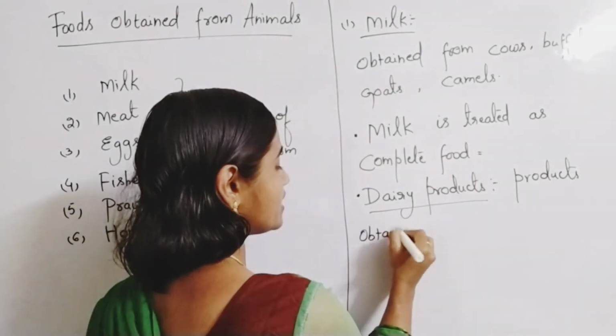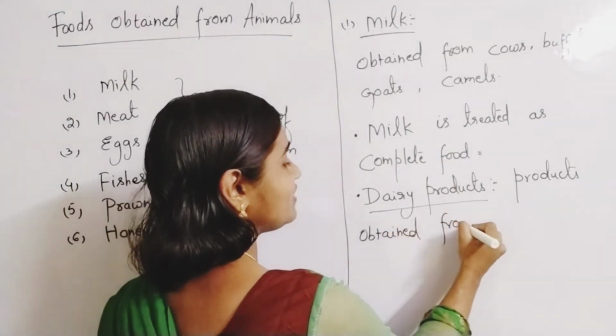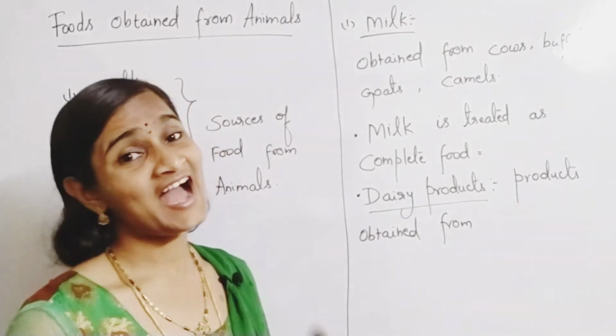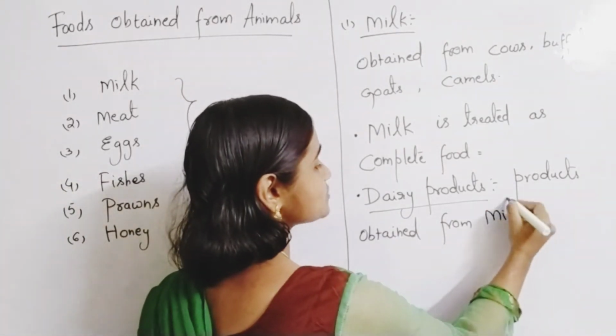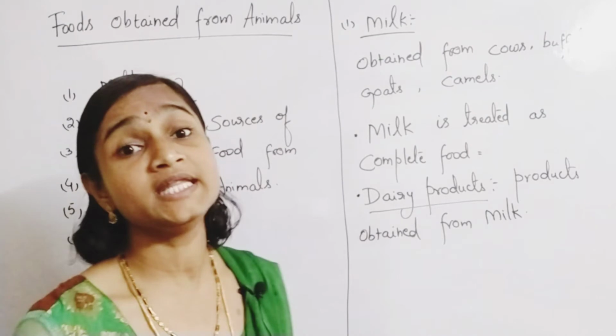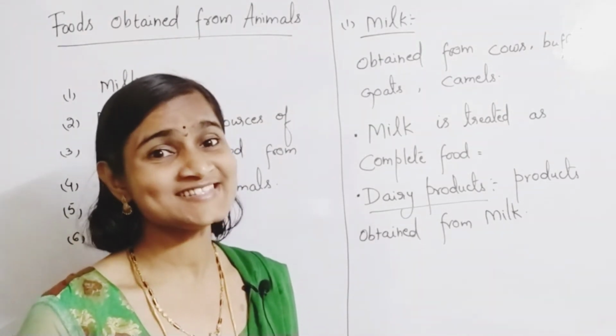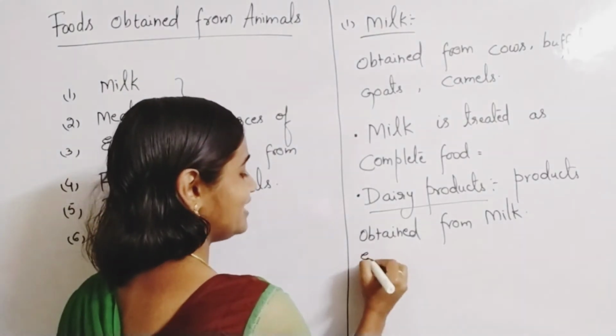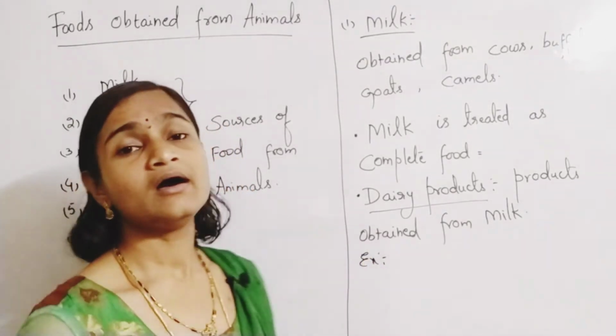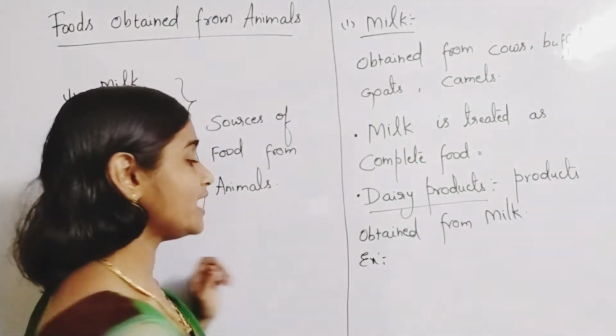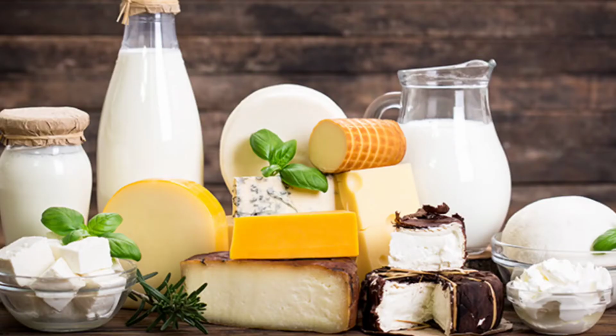So what are those products? What we get from milk, that we have to understand. What products will we get from milk? Can you guess? Yes, very good. Let us learn the examples of dairy products. You all know that cheese is one of the dairy products. Curd, ghee, and then paneer.